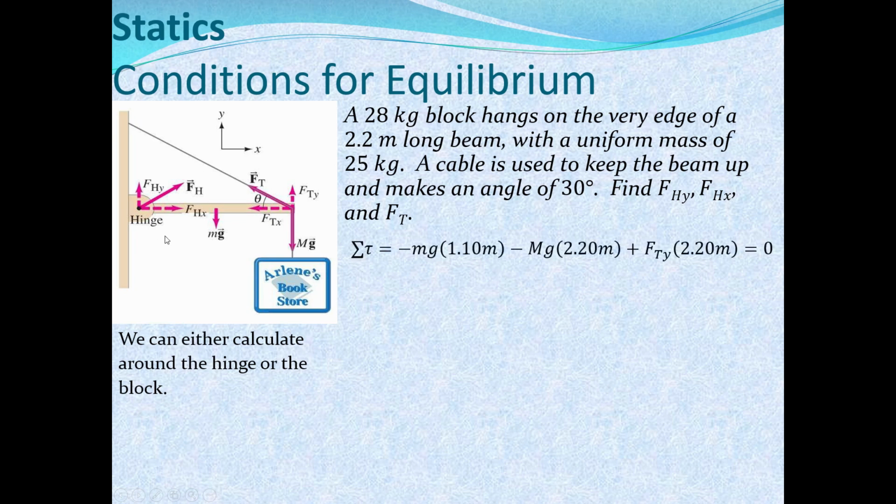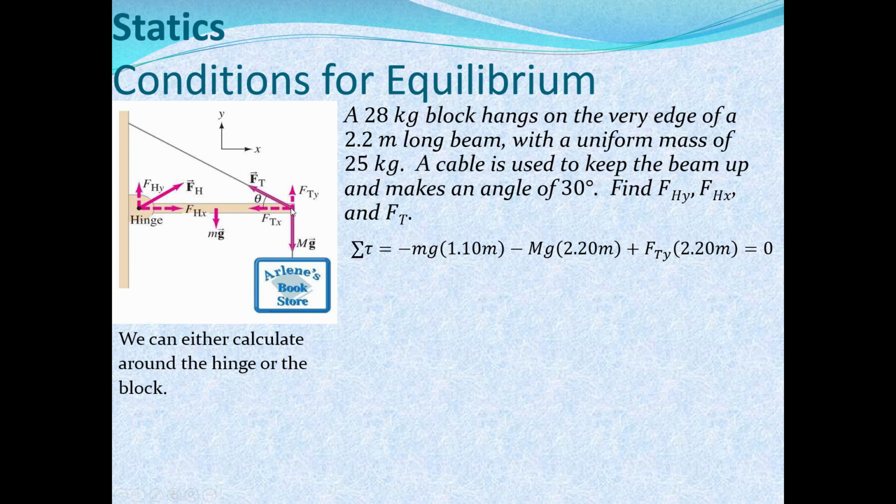So I'm going to set the pivot at this hinge, and then I'm going to go to the side. There's no torque caused by these forces, so I'm going to this first force. The torque, which is clockwise, is going to be mg times its distance, half of the beam, that's where its center of mass is.